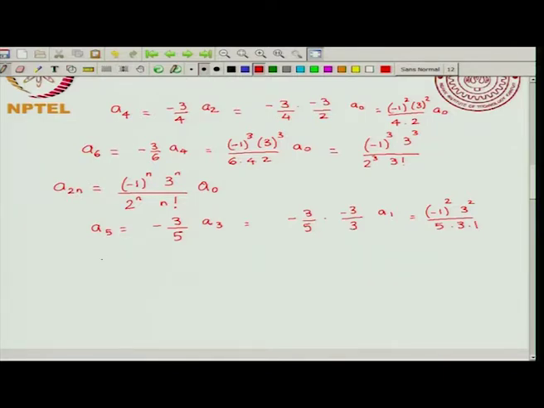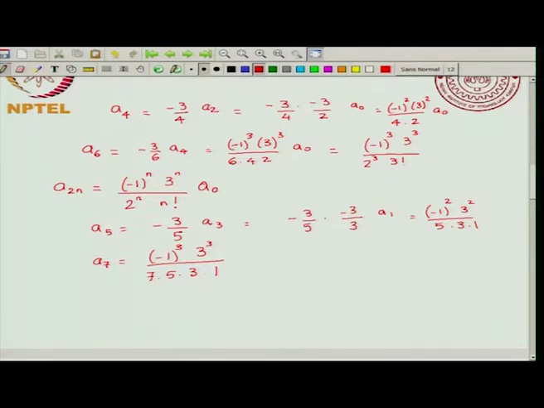Similarly, I can write A7 by the same method, and what I will get is minus 1 cubed, 3 cubed divided by 7 5 3 1. Okay.